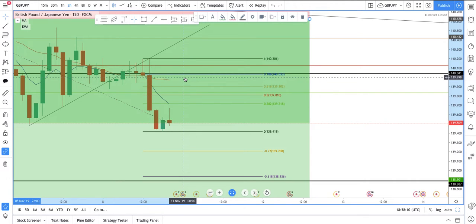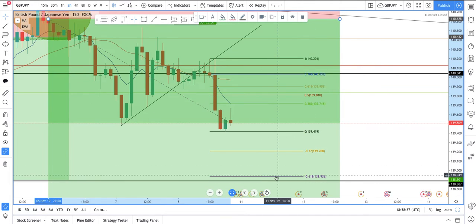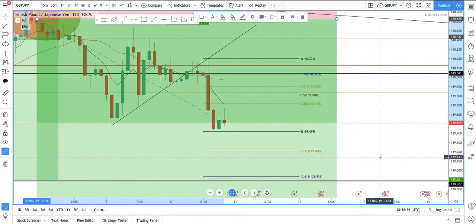But let's see, as soon as the market opens, I'll manage my trade accordingly. So what you can do is wait for the next candle to open up, wait for a retest around this area, my 0.618 or 0.788, which is a major key level, psychological level, and then wait for a candle close below, and then you can short it down to 137, or maybe even these levels for a quick in and out entry.